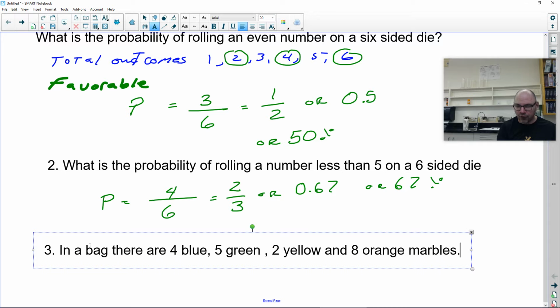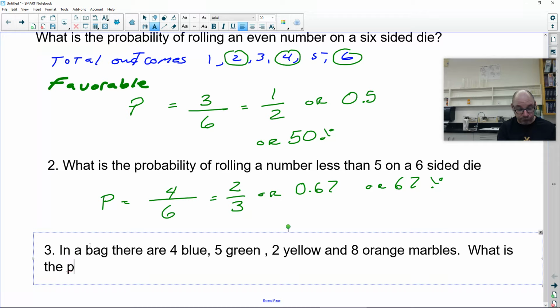Okay, so my question is, what is the probability of drawing a green marble from the bag?